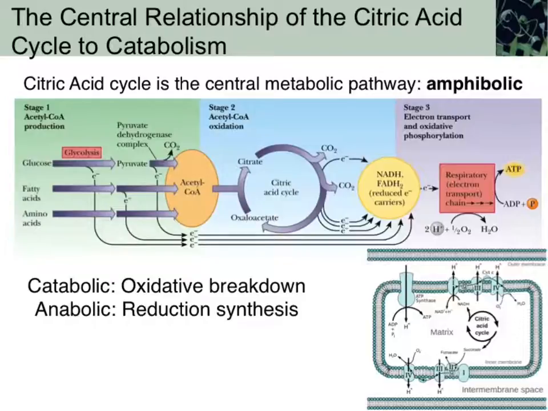FADH2 is a little bit weird to mention because it's not mobile, but it is technically getting made and converted into NADH. Those electron carriers, we can then carefully react with oxygen to reduce oxygen. Well, that reaction is highly exothermic, which can give us enough energy to produce our ATP.